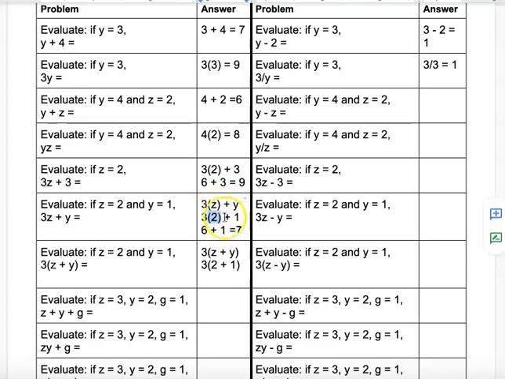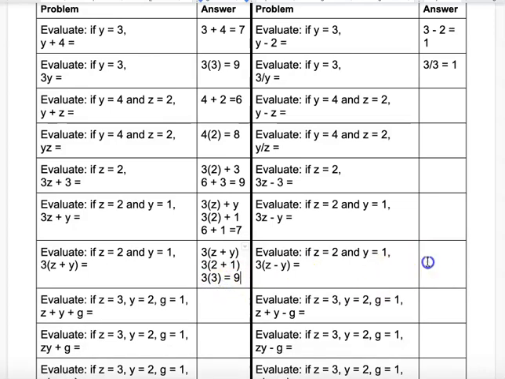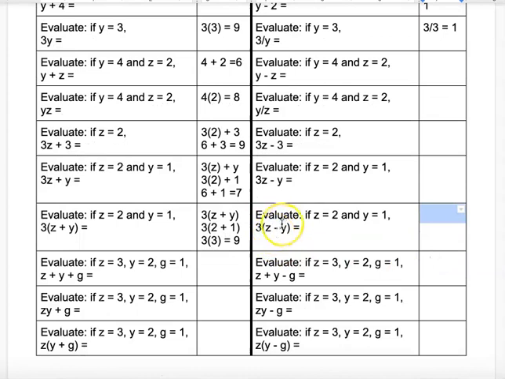That's why you don't need to worry about that. But there is an operation here, addition. So we're going to add 2 plus 1, which is 3. And now we multiply those out. That's 9. 3 times 3 is 9. So again, plug in the numbers, solve inside the parentheses, and then multiply.